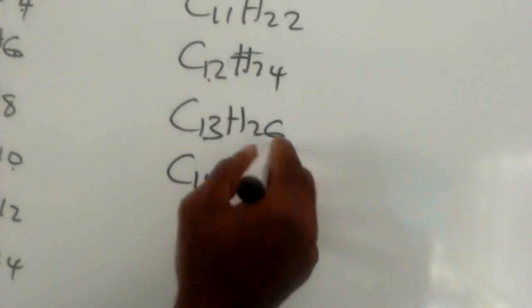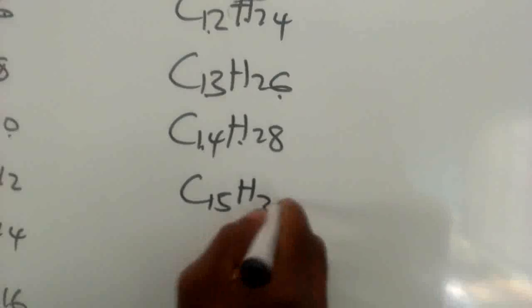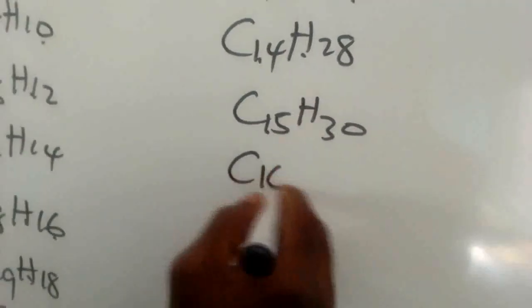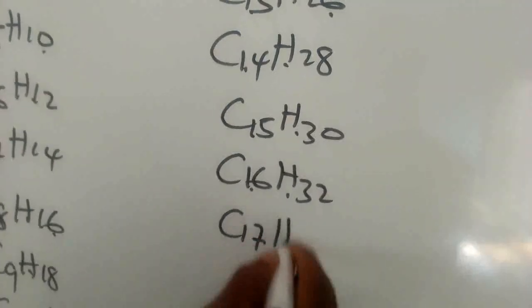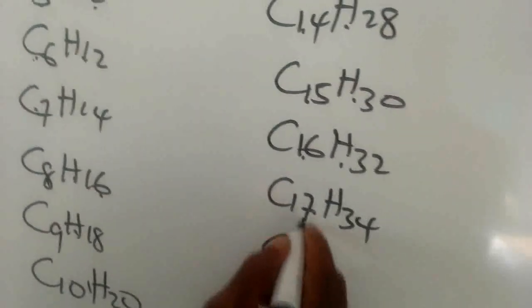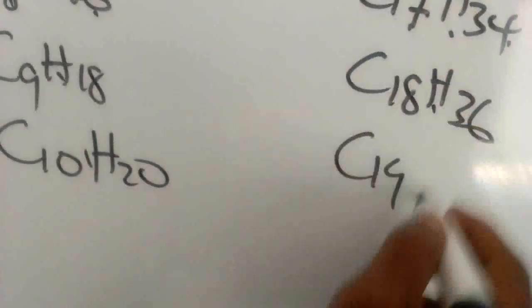This gives us 28. 1 plus 14 gives us 15, gives us 30. 1 plus 15 gives us 16, adding 2, 32. 1 plus 16, 17, 2 plus 32 gives us 34. 1 plus this gives us 18, 36. 1 plus gives us 19, 38.